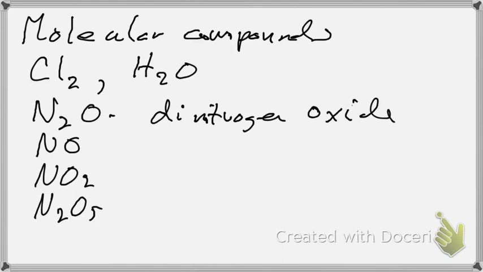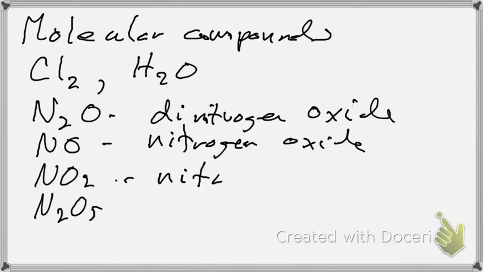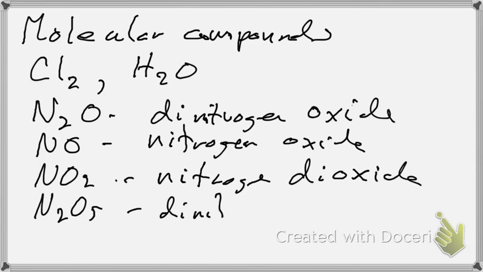On the other hand, this is simply called nitrogen oxide. This would be nitrogen dioxide, and this would be dinitrogen pentoxide.